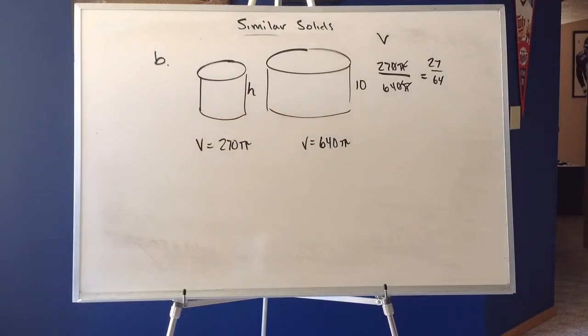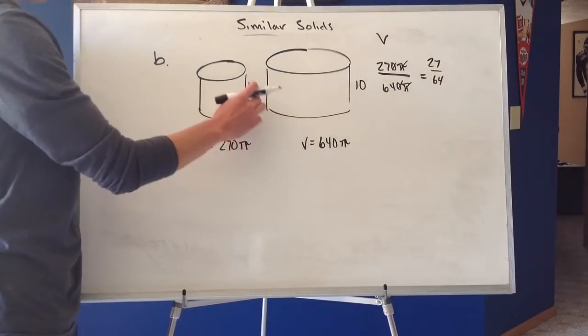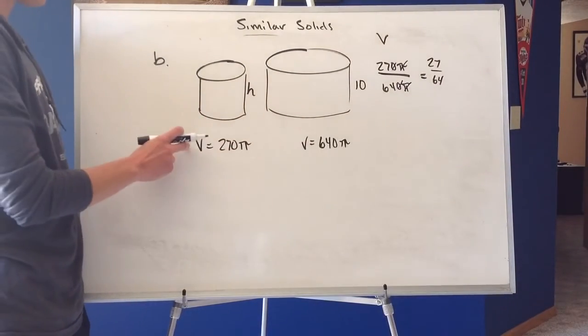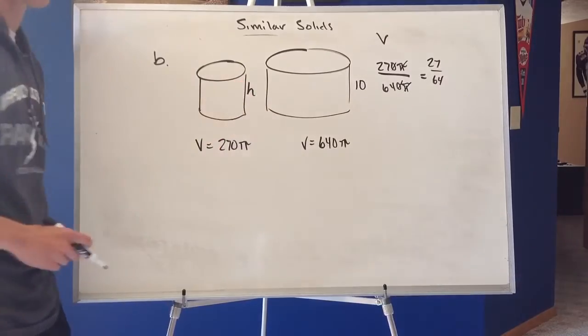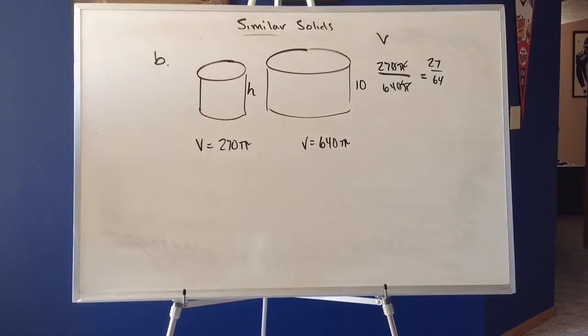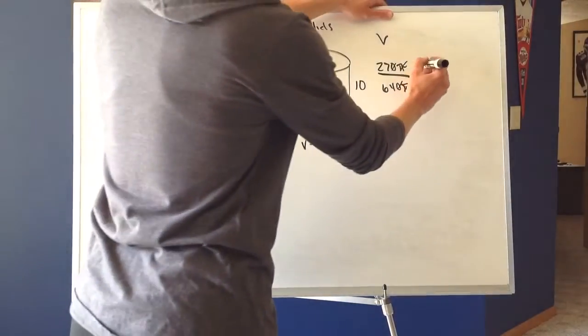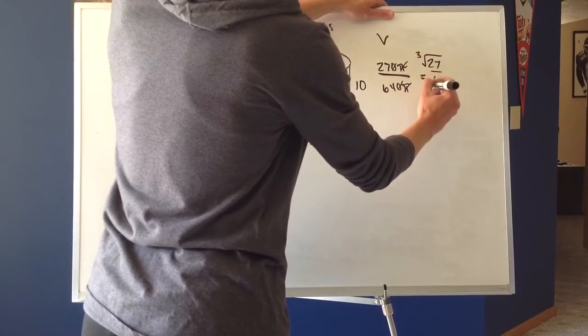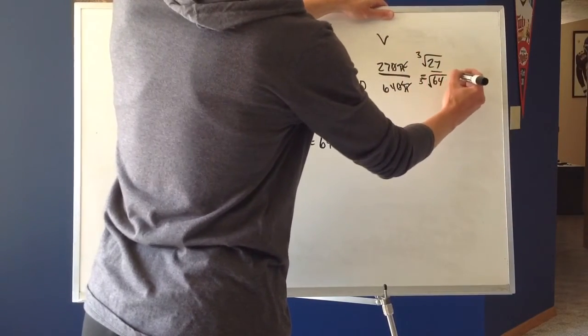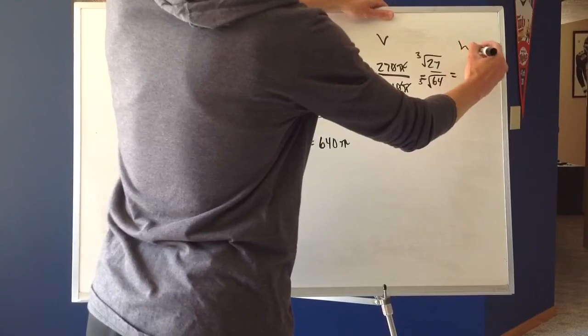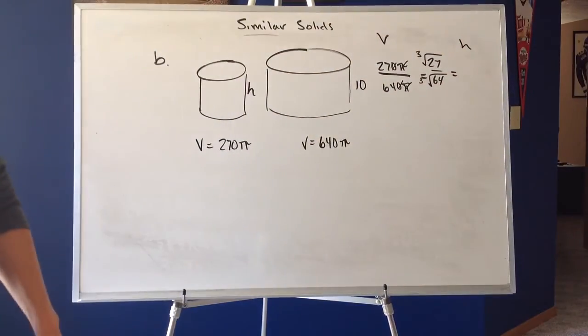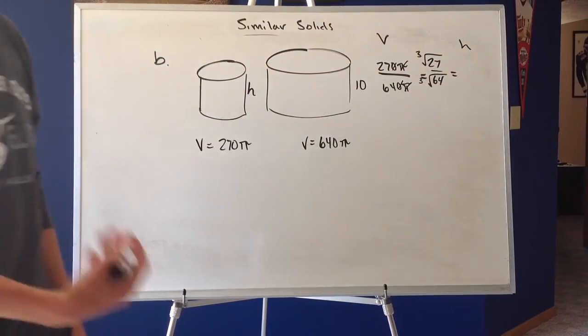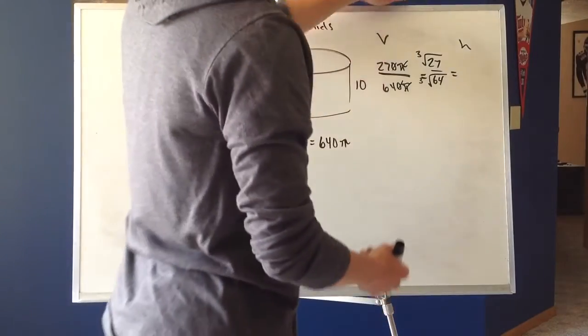Okay, so after you've reduced them, these are volumes, I want to go back to height. So I'm going from 3-dimensional back to 1-dimensional, which means we want to take the cube root. Not square root, but cube root. There is a cube root button in the calculator under the math key. We used that earlier in this chapter as well.